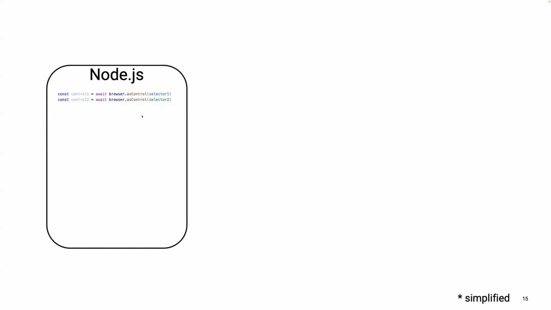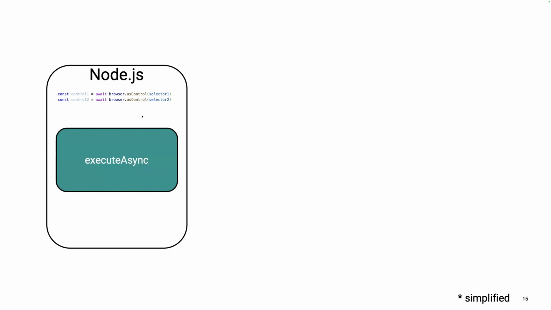For example, here we have two simple calls that identify two controls. Browser as control, that's how we identify it, and then a specific selector we all know. Now, when this command is fired, we use the execute async script to switch the context from the node context to the browser context.